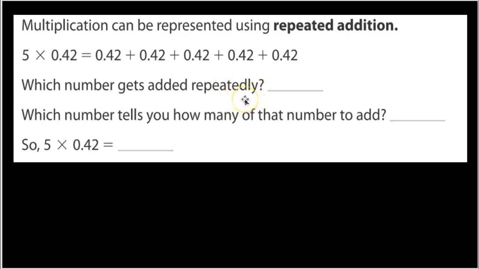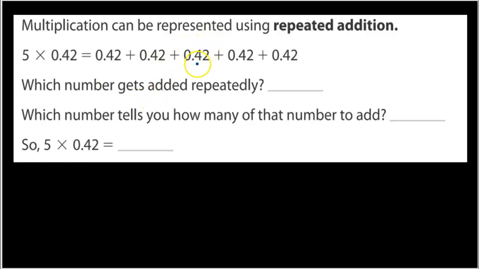But no one really wants to add 42 hundredths 5 times. That takes time, and it's easier just to know your multiplication facts and just multiply them.